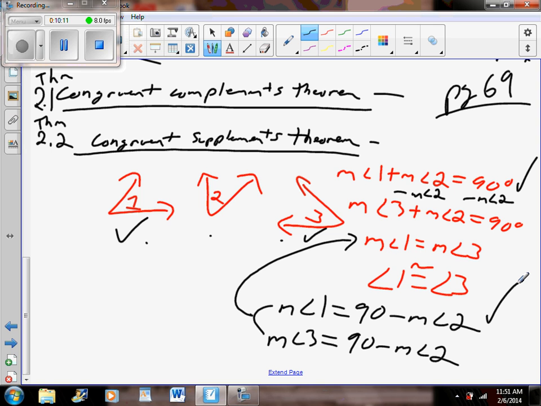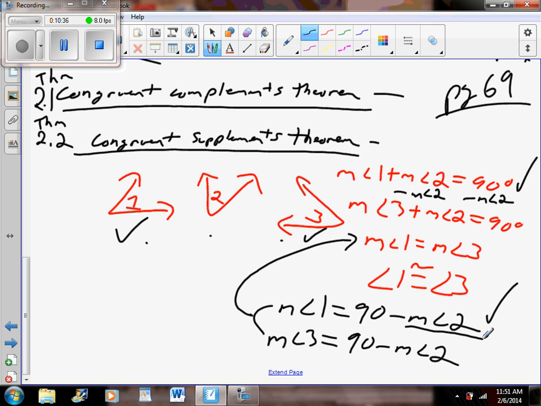So if you're given the measure of a particular angle, let's say angle 2, and you're told to find the complement of that angle, some angle 1, subtract it from 90. For the measure of angle 3, we would do the same type of thing there, okay?